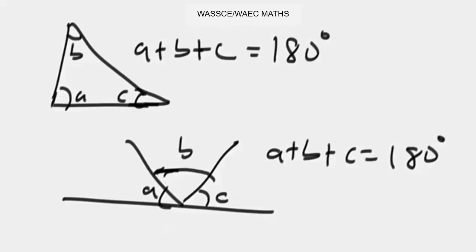This time around, let's look at angles in a quadrilateral. Angles in a quadrilateral add up to 360 degrees. For instance, let's say we have a shape like this, and here we have an angle, an angle here, an angle here, and an angle here.